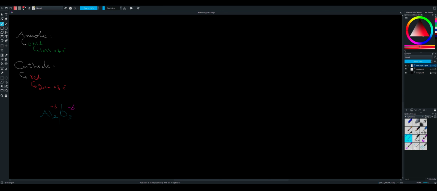So the net charge on this compound is 0. Now, which one of those would be gaining electrons and which one would be losing electrons?